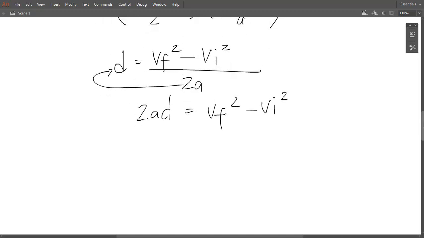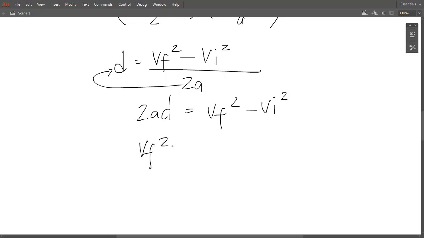Of course, rearranging it will give us a more detailed answer. So we're not yet done. To find out how final velocity depends on displacement, we must rearrange this.